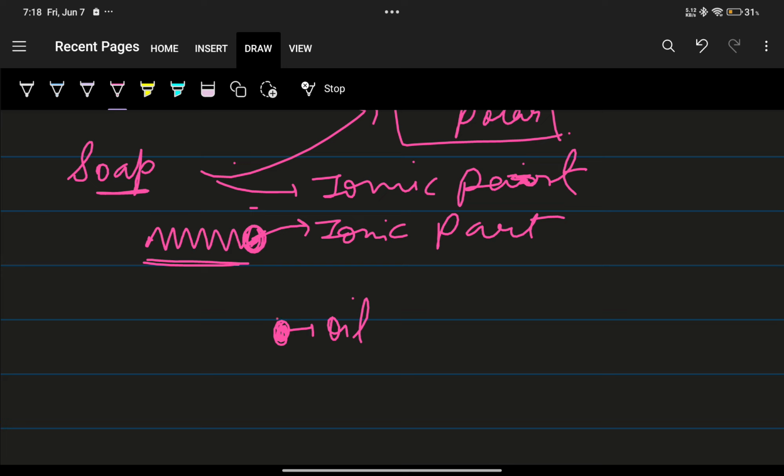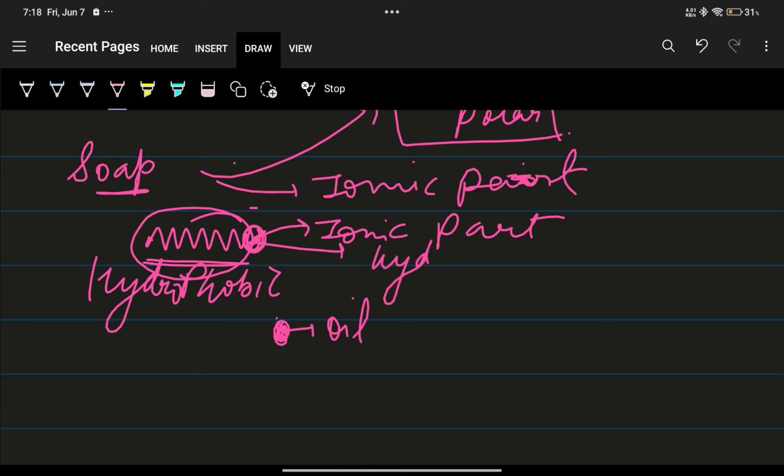This part is hydrophobic in nature, so it tries to separate out from water, but this part is hydrophilic in nature, so it tries to stay in water only. So we have a mixture of water, oil and soap.